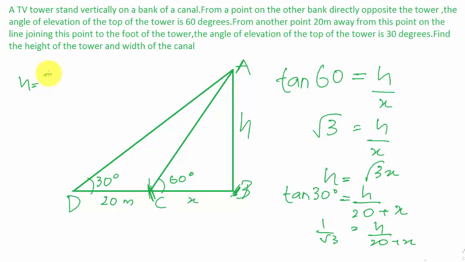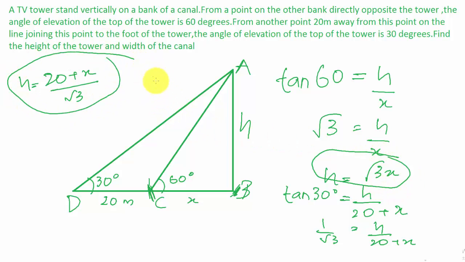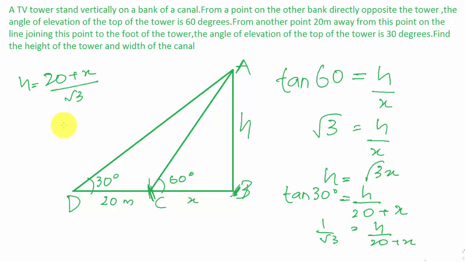Now h is equal to 20 plus x divided by root 3. Now we see that this and this are equal. So we can write 20 plus x by root 3 is equal to root 3x.